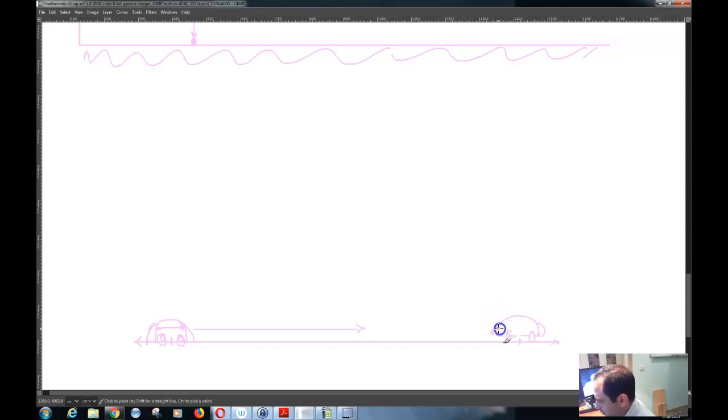Now, this is no usual car, but bear with me, I'm not very good at drawing, really.